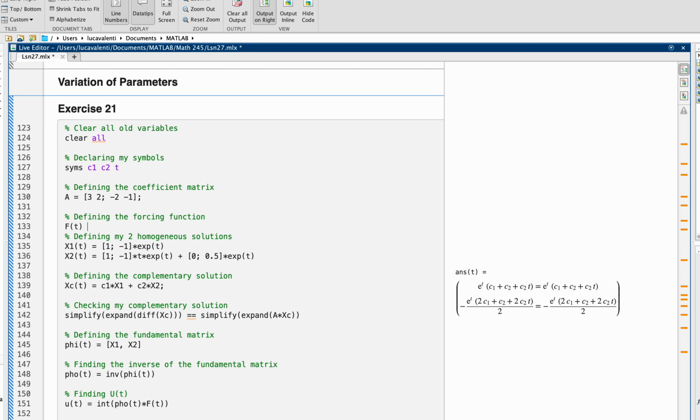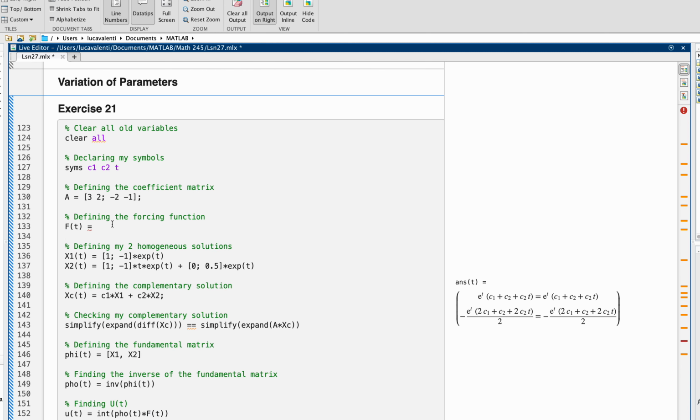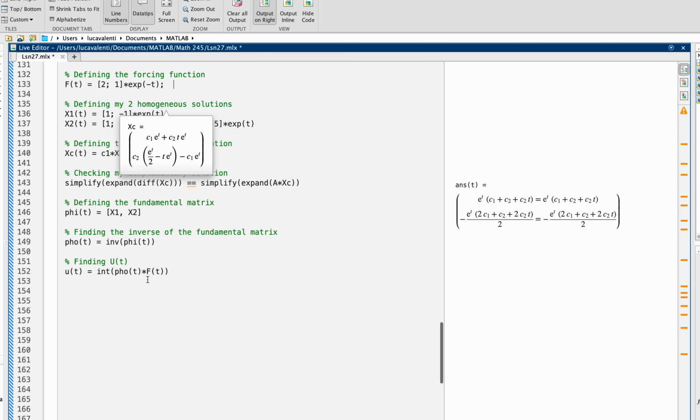So f of t, what is that going to be? Well, remember what it is. The f of t is going to be the vector 2, 1 times e to the negative t. I don't want it to output, so I'll put a semicolon at the end.